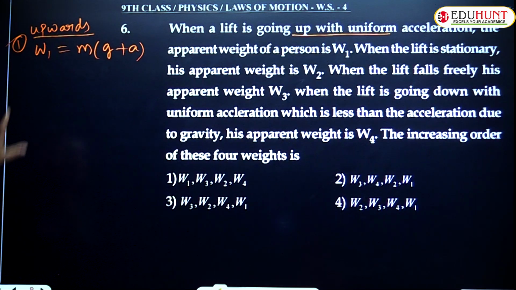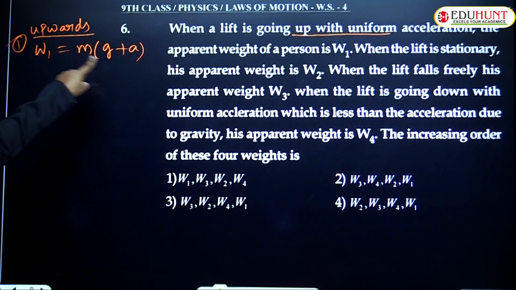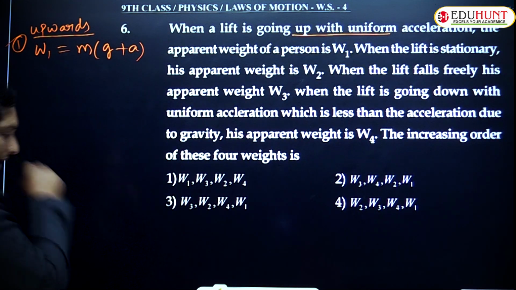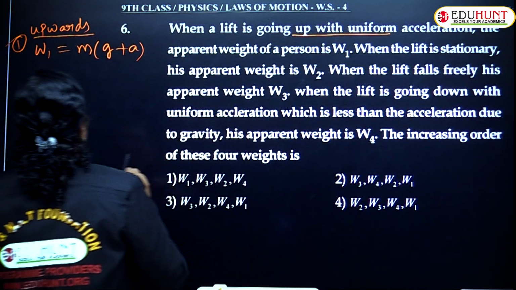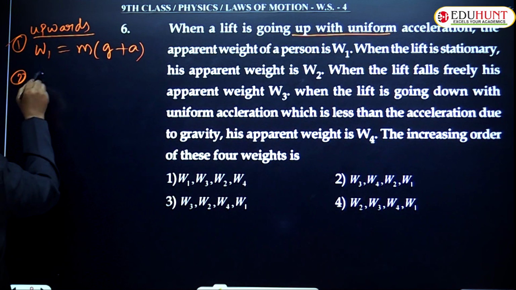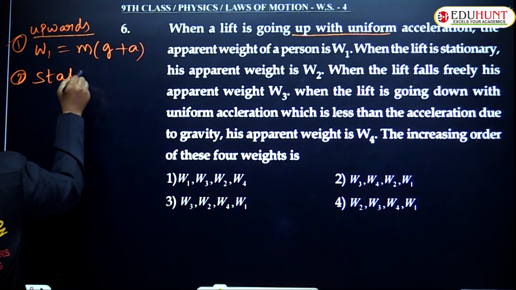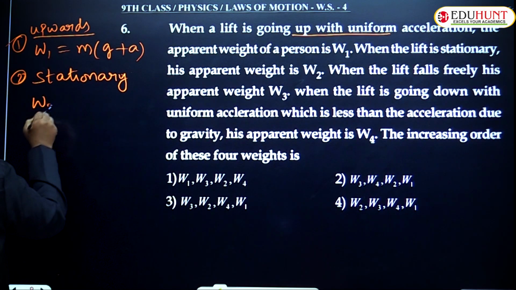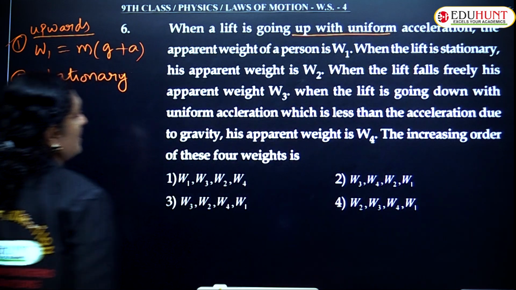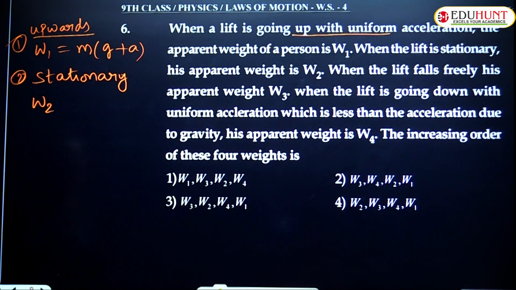So for upward motion, apparent weight is given by M into G plus A. Case 2 is regarding the stationary lift. Whenever the lift is stationary, the apparent weight, they themselves named it as W2. We took it as R earlier, they named it as W2.